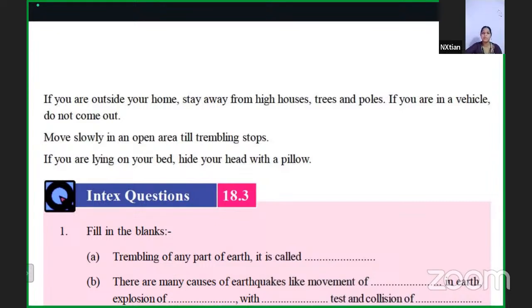The earth doesn't open a big hole like that in an earthquake that the whole building comes inside. That doesn't happen. But yes, cracks do happen on the land. It opens only some cracks. In high magnitude earthquakes also, there is more focus on the vibrations causing the tremble of the earth, not the opening up of the ground.